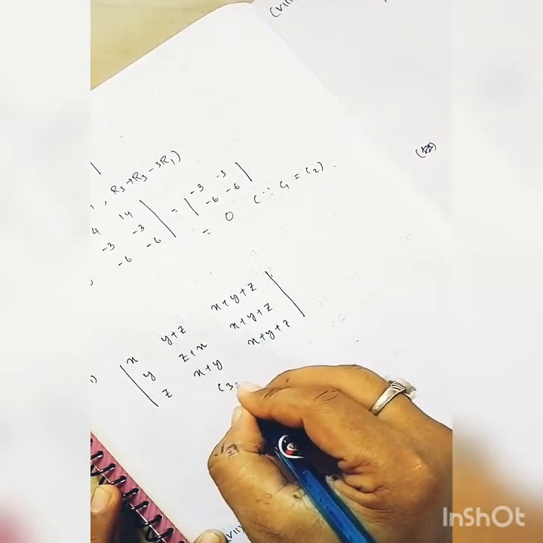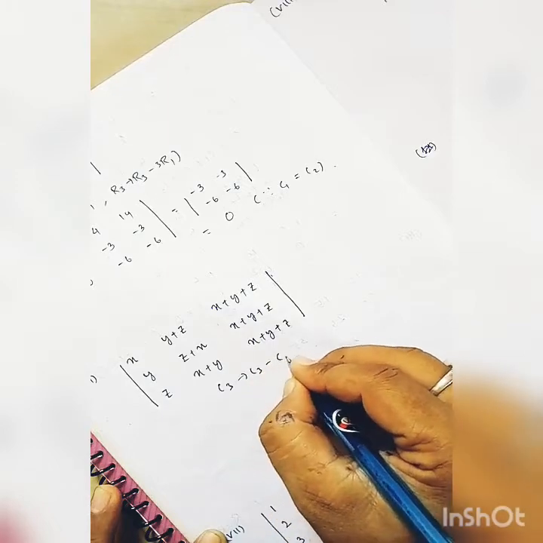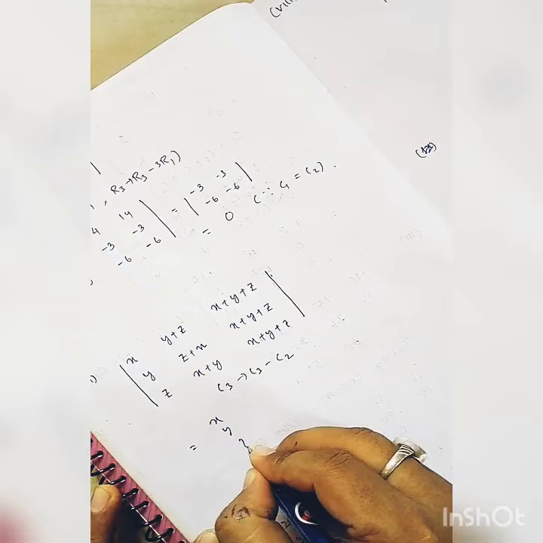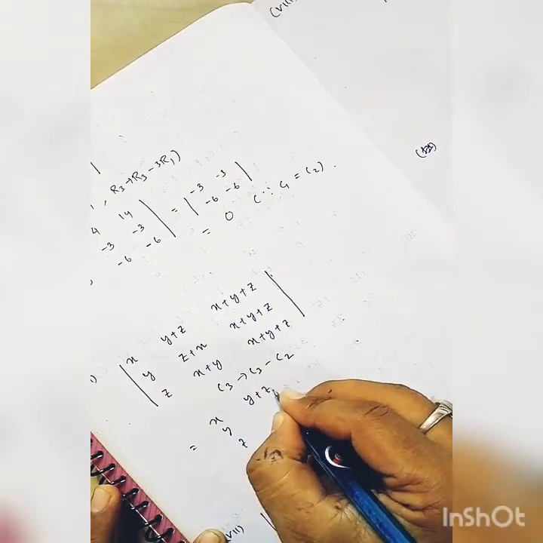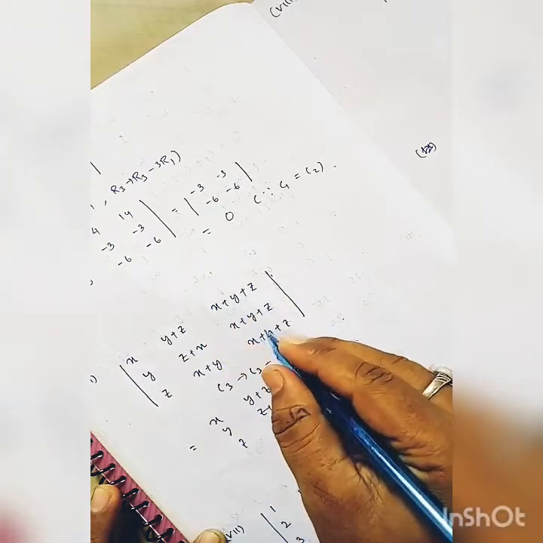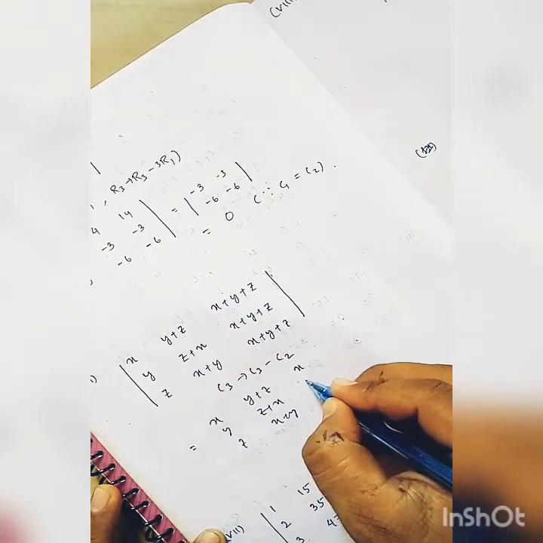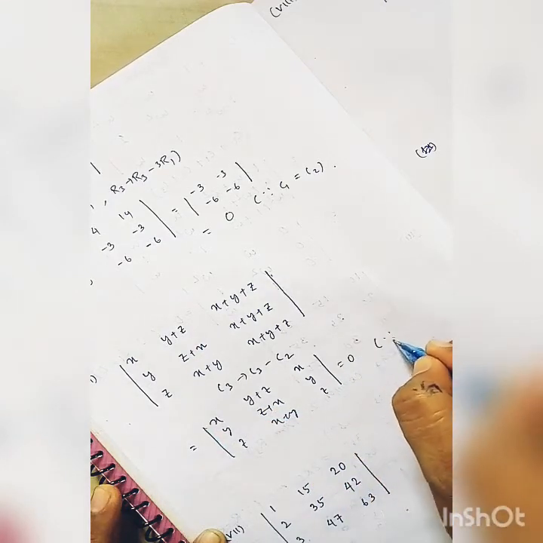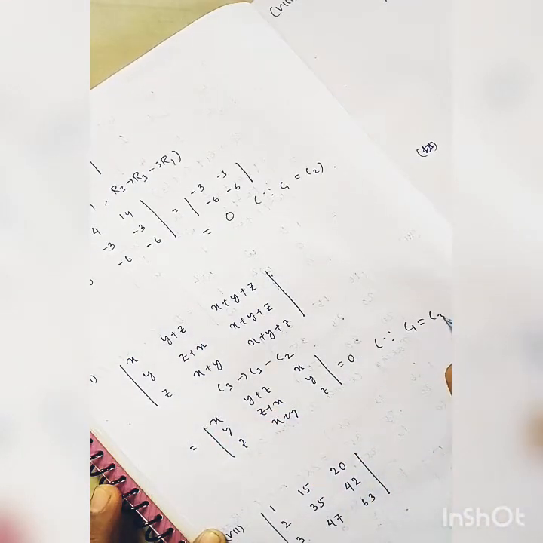If you use column 3 replaced by column 3 minus column 2, that is x plus y plus z minus y plus z is x, then y, then z. This equals 0 since column 1 equals column 3.